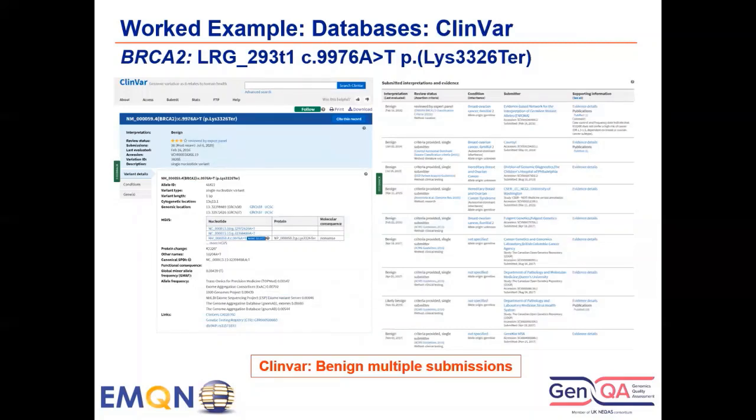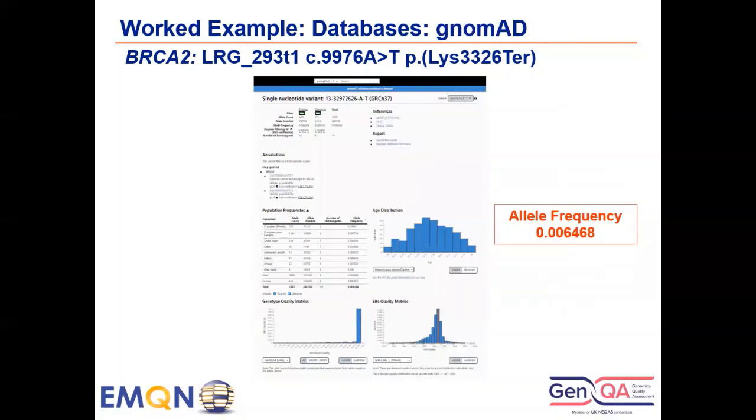ClinVar, as demonstrated on the right-hand side of the slide, showed multiple submissions, all of which were benign. And the gnomAD frequency database showed that the allele frequency for this variant was 0.006468, and it was also shown to have 14 homozygotes.